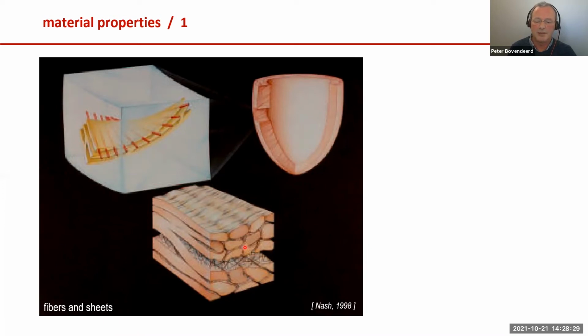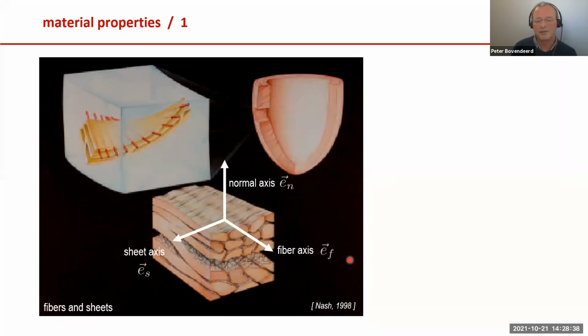And in between these layers, the connection is more loose. So this indicates that essentially we have an orthotropic structure where we can define a fiber axis, a sheet axis, and a sheet normal axis. And you may expect then that the material behavior is orthotropic as well.